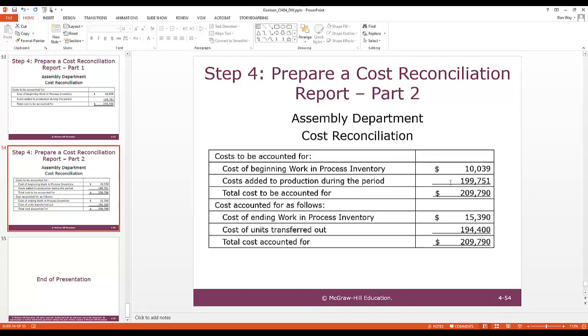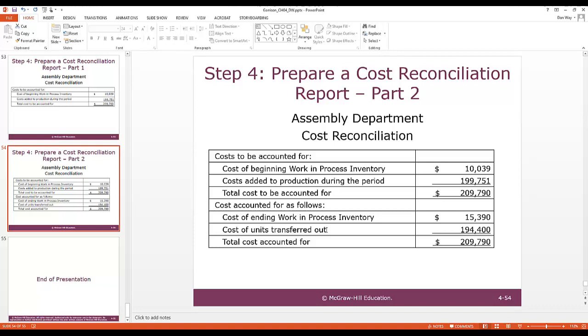So we want to make sure that our costs accounted for end up hitting that same amount. Our costs accounted for are always the cost of our ending work in process plus the cost of those units that were completed and transferred out. So these numbers we came up with a few minutes ago. The cost of the ending work in process, again, those units that still aren't done at the end of the current period, which was $15,390, and then the cost of units transferred out, which, if you may recall, was 5,400 total units.